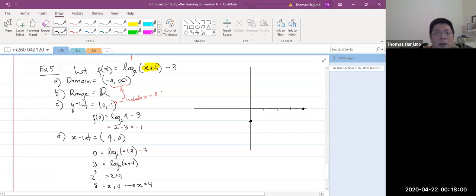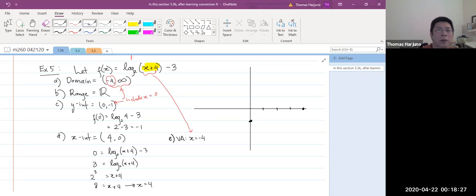Okay, and then part E, let me do it here. Part E, the vertical asymptote will be x equals -4.